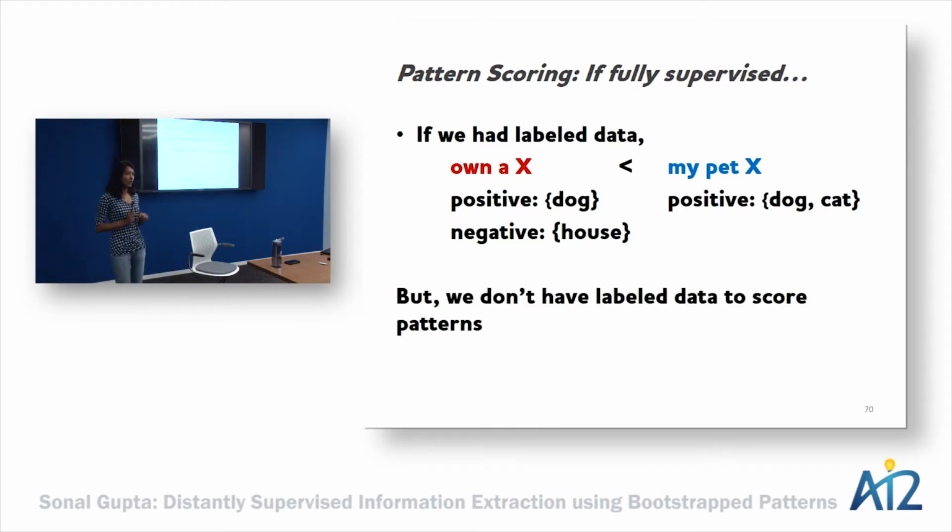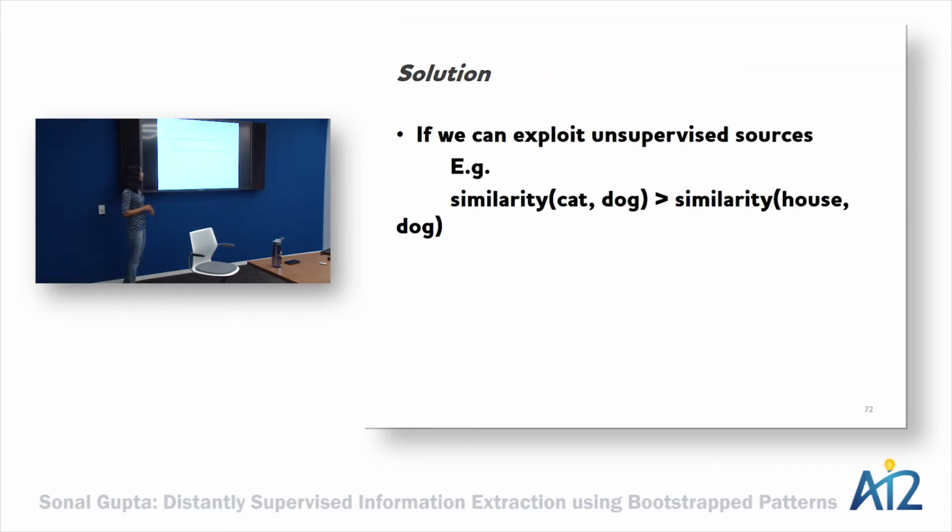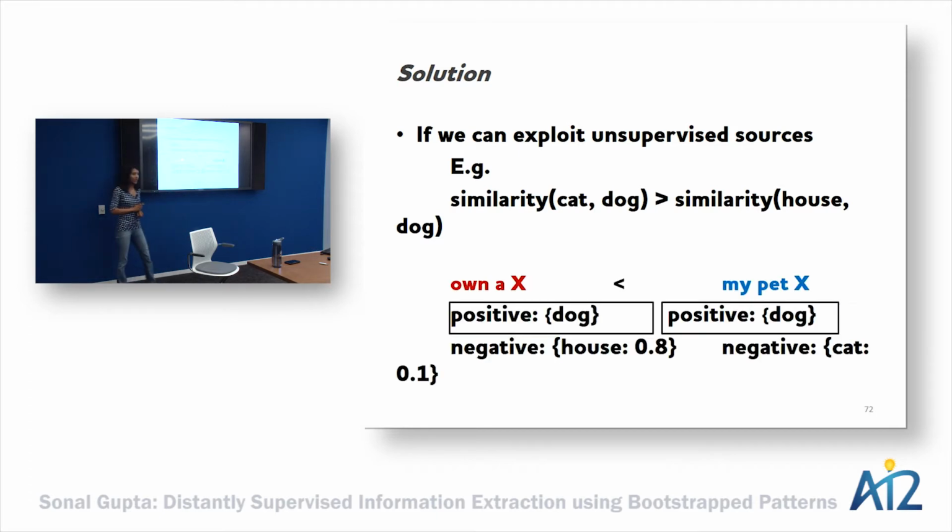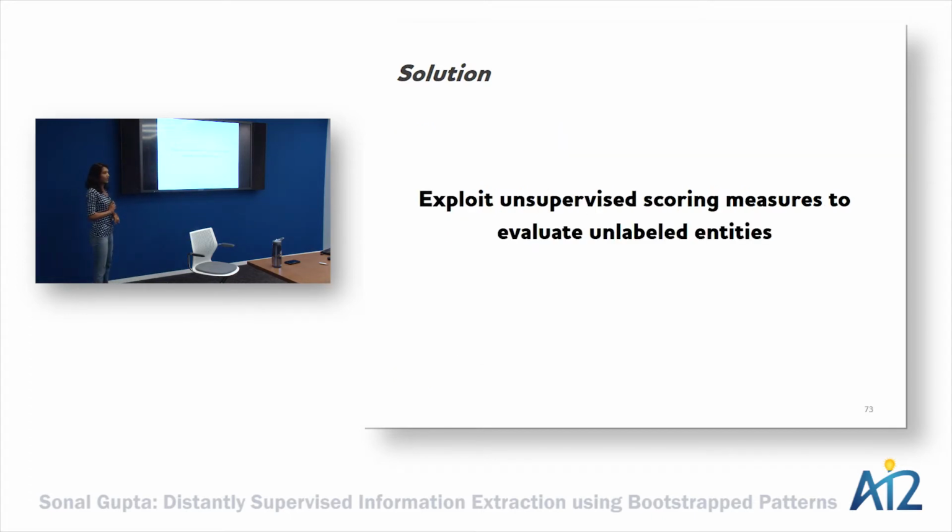But what we do have is similarity measures, unsupervised ones, that tell us that cat and dog are probably more similar than house and dog. And we can predict the labels of these unlabeled entities. So we can have some notion of maybe house is 0.8 negative and cat is 0.1 negative, and include that when we are scoring patterns. So we exploit the unsupervised scorings.